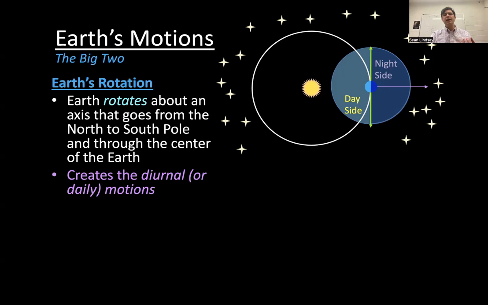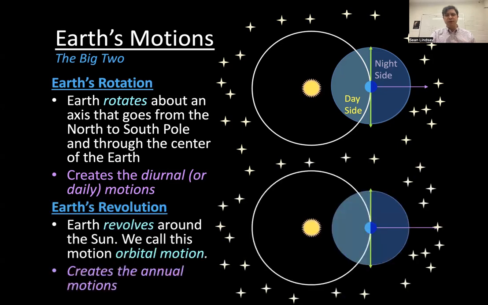Now, if we take a space-based perspective, looking at an orbital diagram for Earth's revolution, remember, revolution is Earth's orbital motion around the sun. So we're now going to watch the Earth orbit around the sun. Again, I've marked the night side and the day side. So the stars that you can see at night are always going to be on this night side. So I'm not going to deal with the rotation of the Earth.